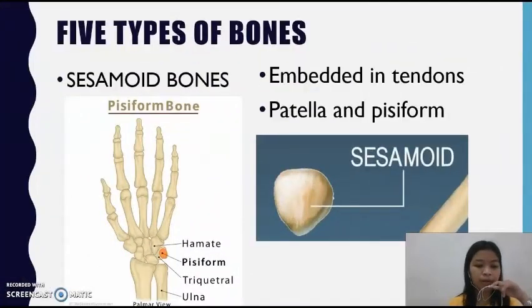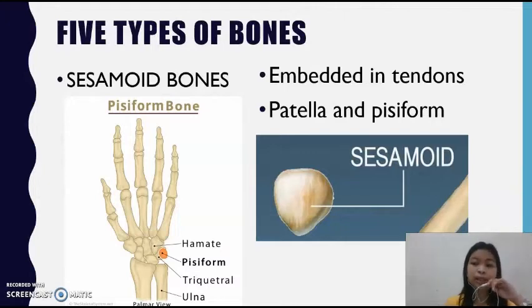Next, we have the last type of bone, which is the sesamoid bone. It is embedded in the tendons. Okay, so since they act to hold the tendon further away from the joint, dito, kailangan yung force of muscle is increased. So, supporting talaga to. Supporting bone siya. So, example of sesamoid bones is patella.